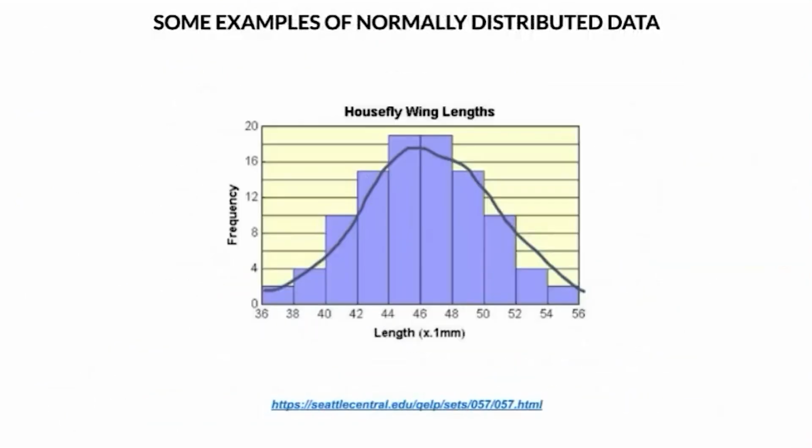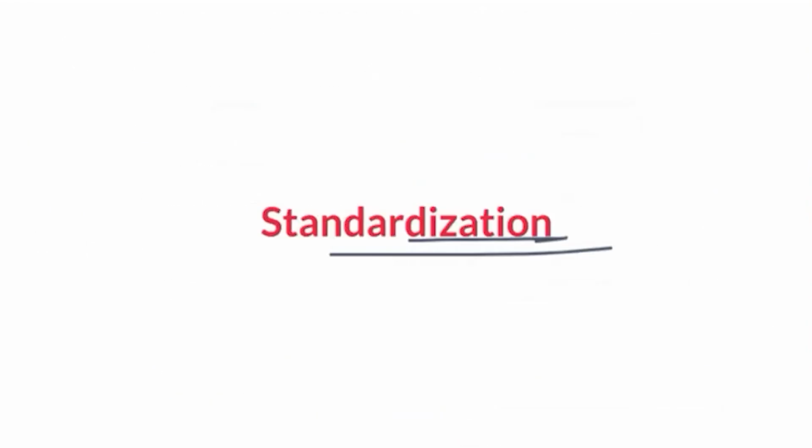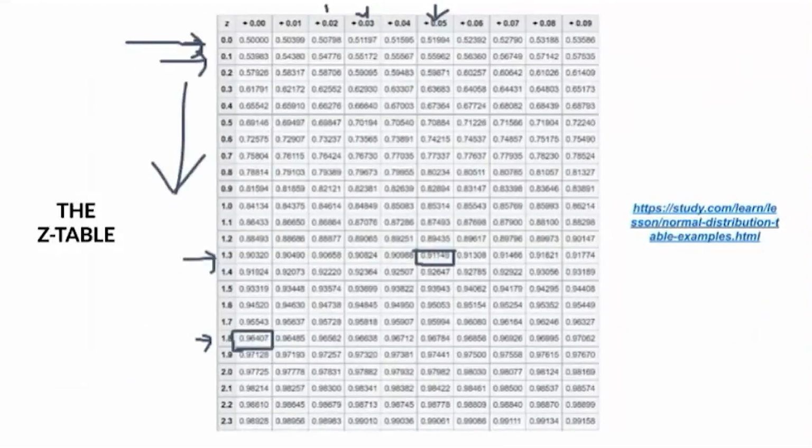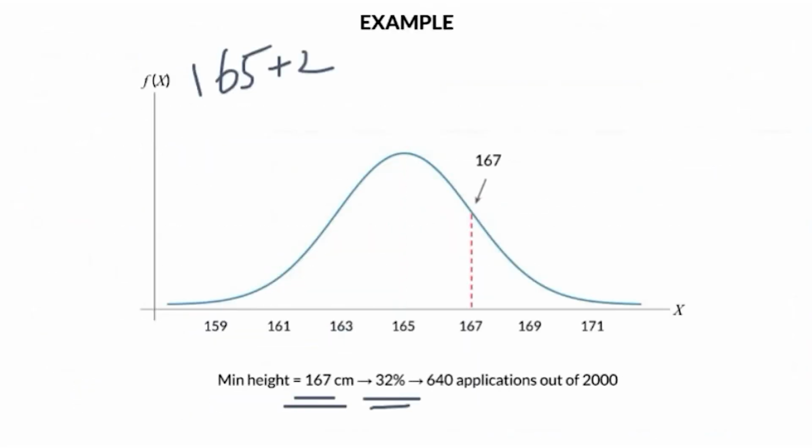I believe it is 34. Yeah, 34%. So 50% is here and 34% is here. There's a small error in this slide, forgive me. So this is 50% and this is 34%. So the remaining is not 32.